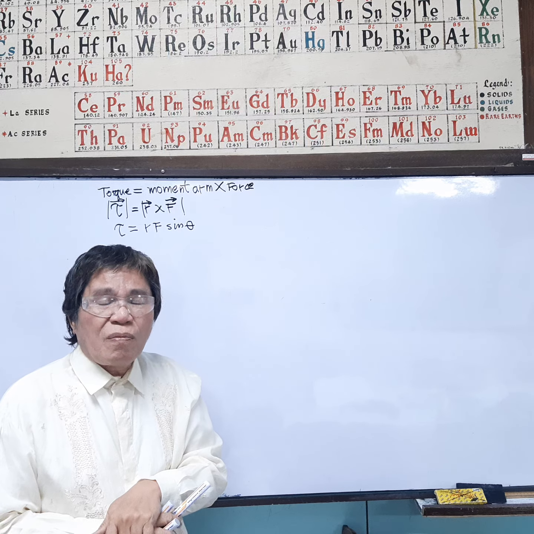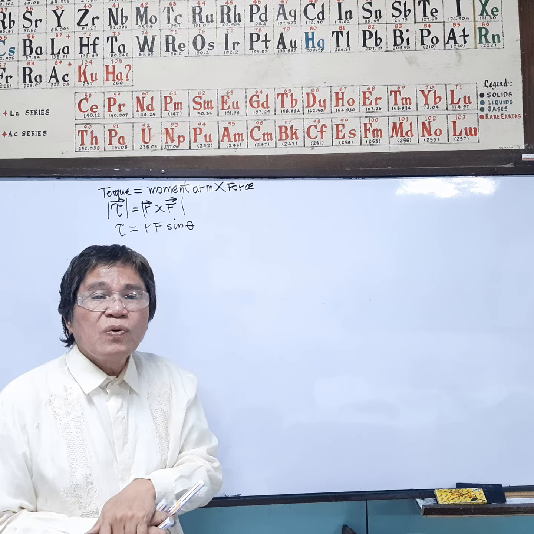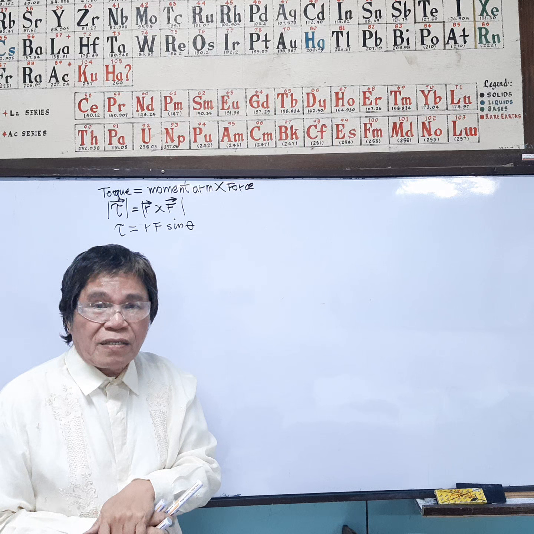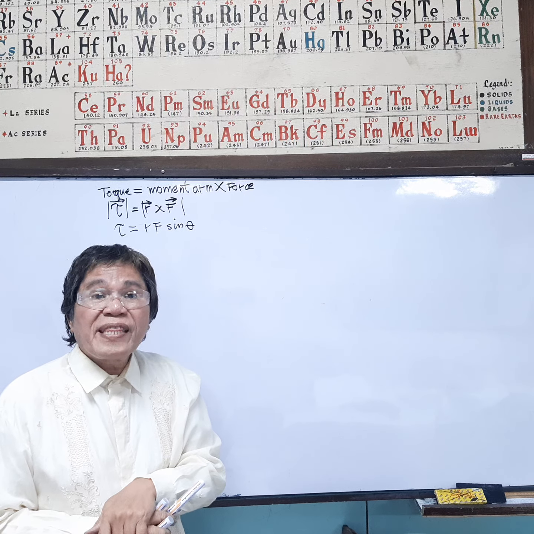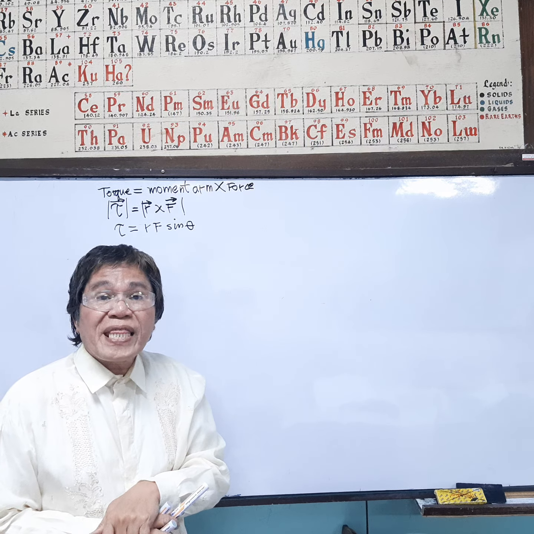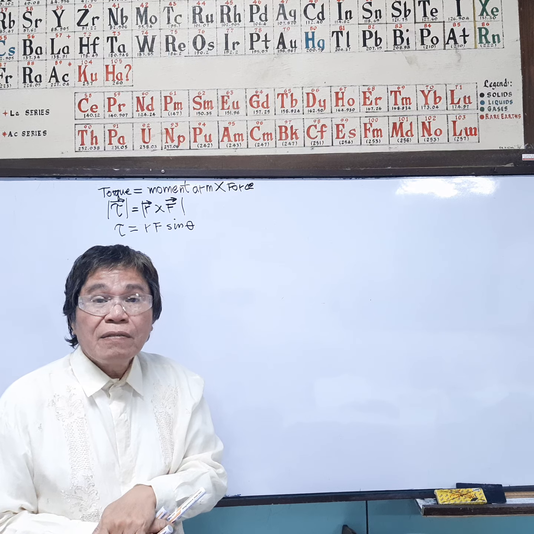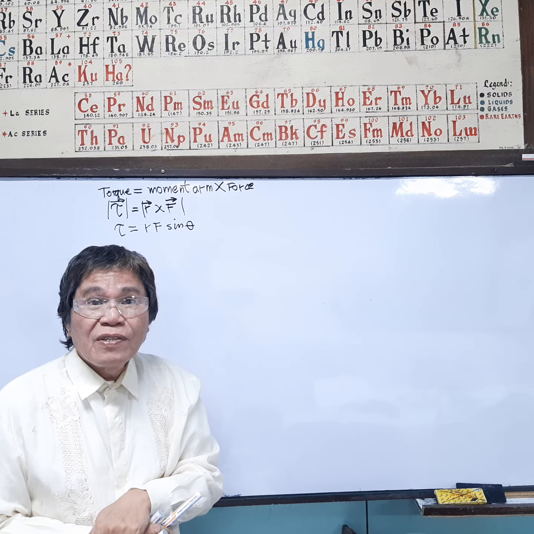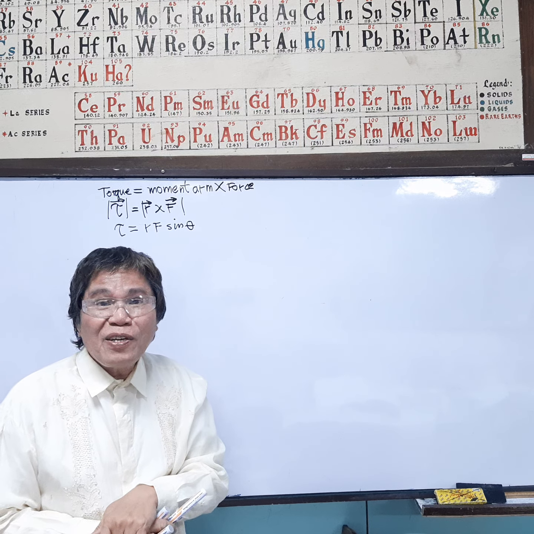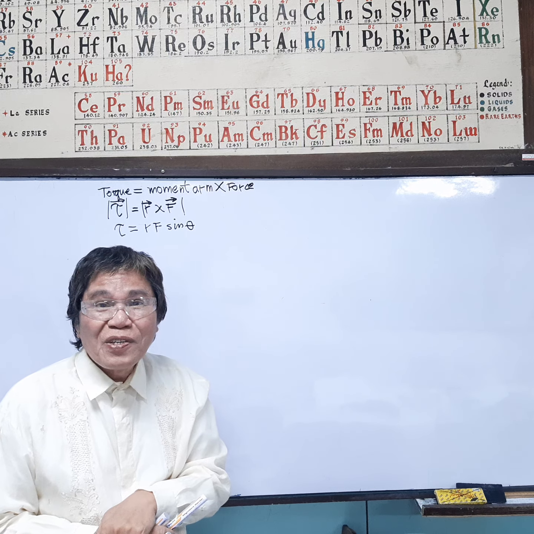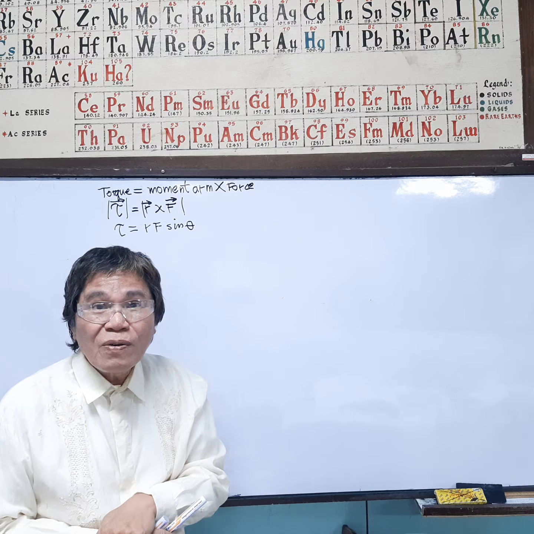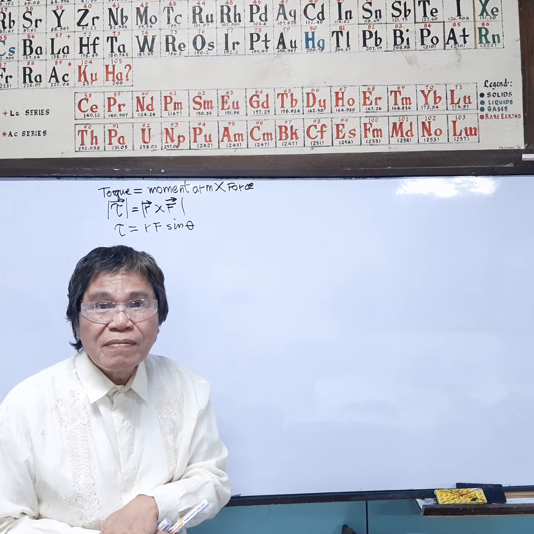And the maximum value of the torque is when the angle theta is 90 degrees. Sine of 90 degrees is equal to, what is the answer? I will answer my question: 1.